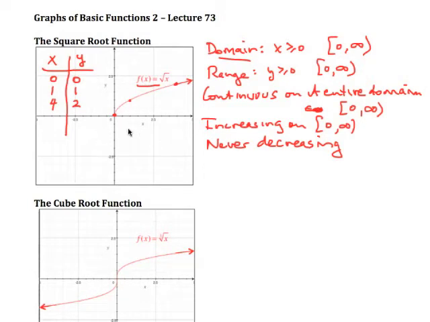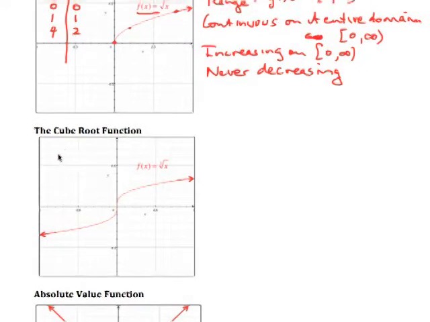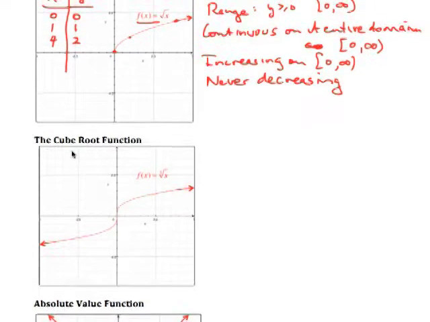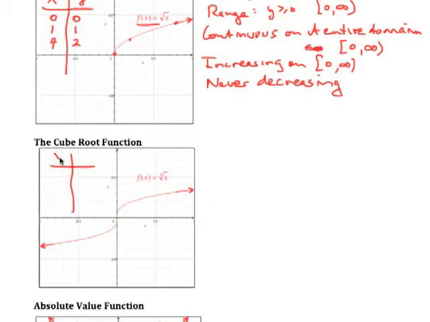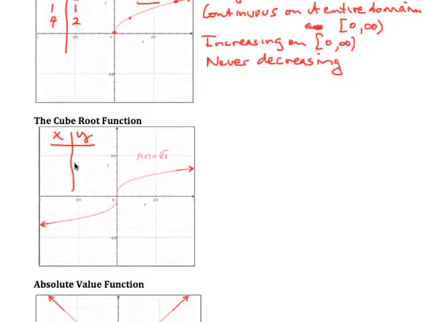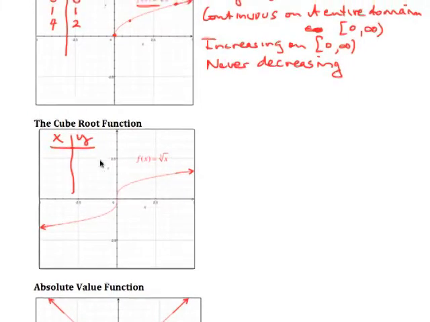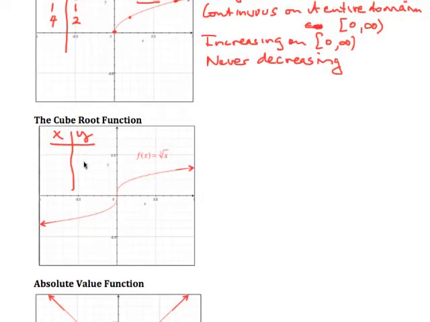Now the next function we're going to look at is what's called the cube root function, where we find the cube root of x. And of course we can have a look at some values of this: x, y. Now we're going to find the cube root, so we need to be careful what ones we choose here so we can actually find values easily. So we look for cubed values.